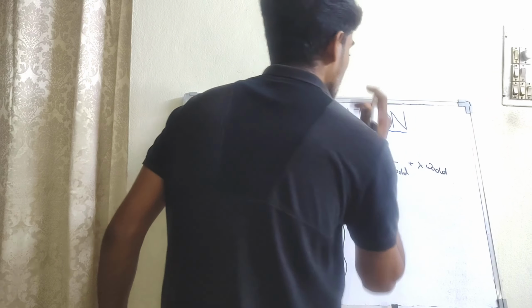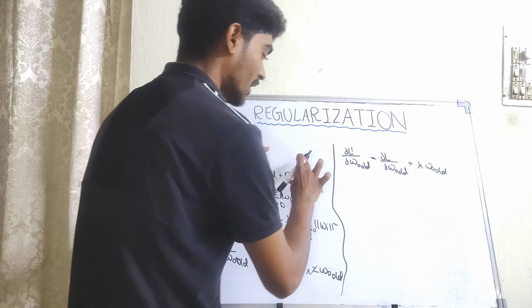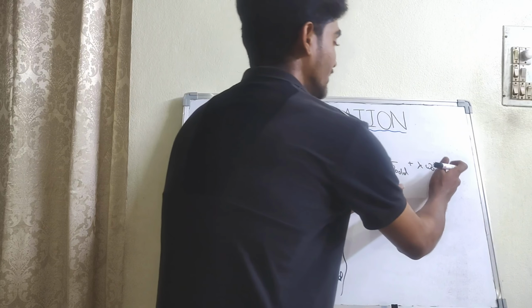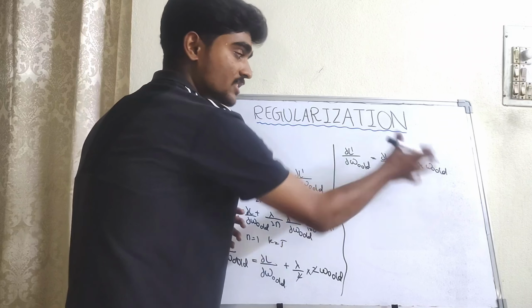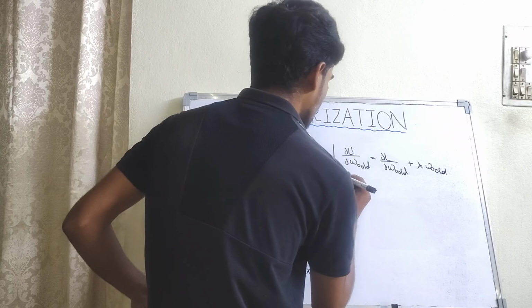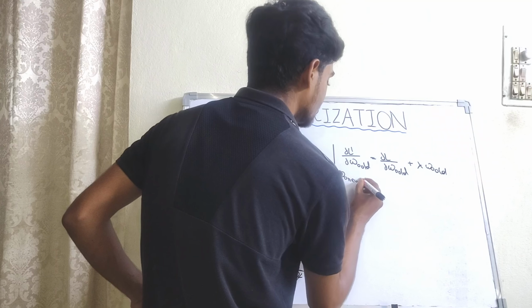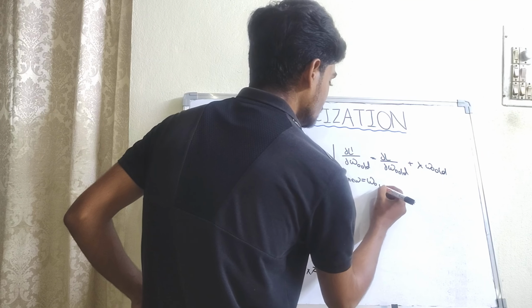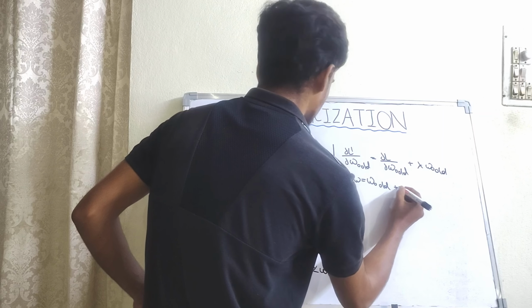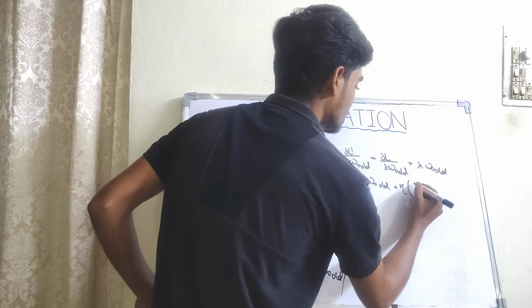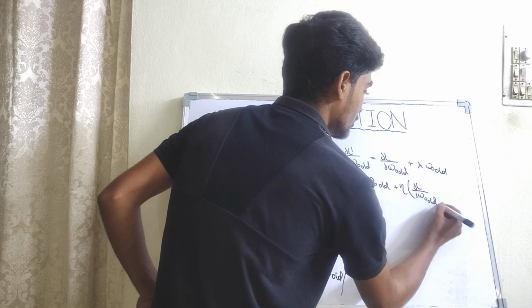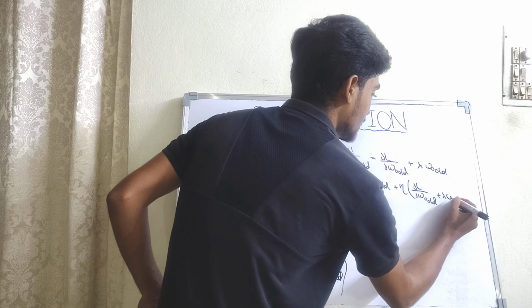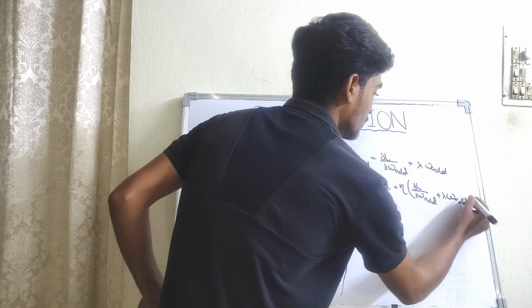Now I am replacing this entire term with these two terms. Now my w naught new becomes w naught old plus learning rate times dou L by dou w naught old plus lambda into w naught old.